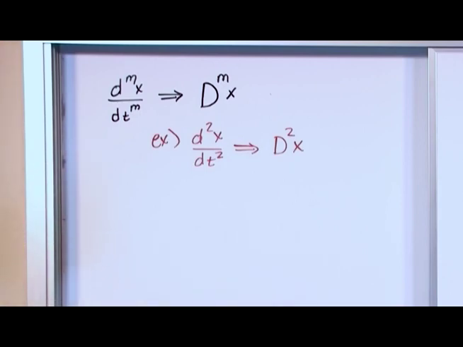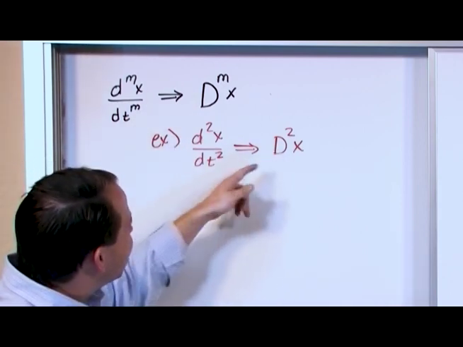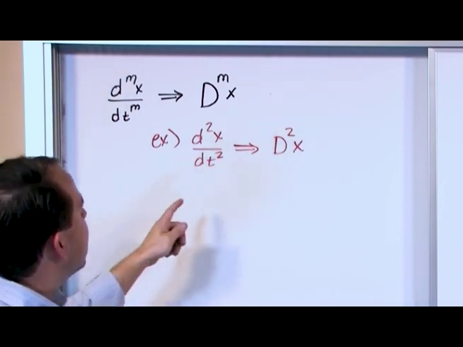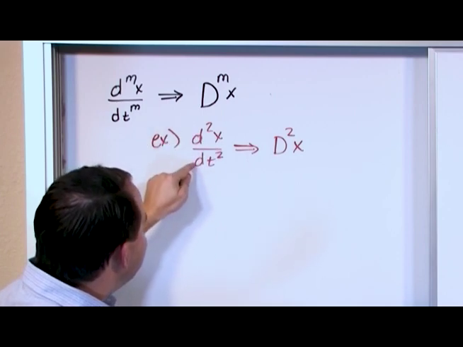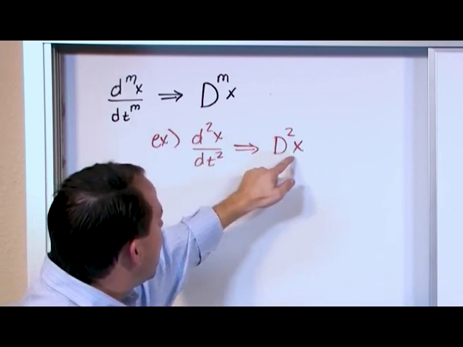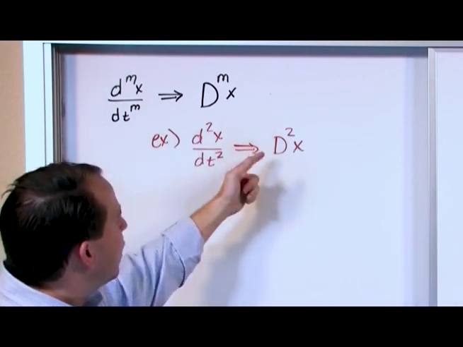And it means exactly the same thing. The capital D means take a derivative. The with-respect-to-time part is implied just because x is a function of time that we're dealing with. Capital D means d dt, basically. The squared means second derivative. And whatever follows, in this case it's x, is just sitting there and you're operating on x.